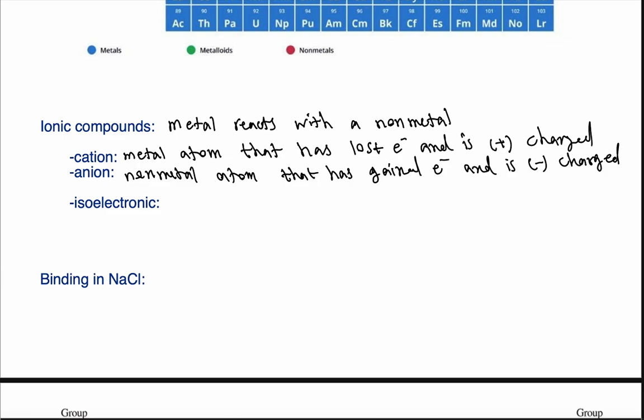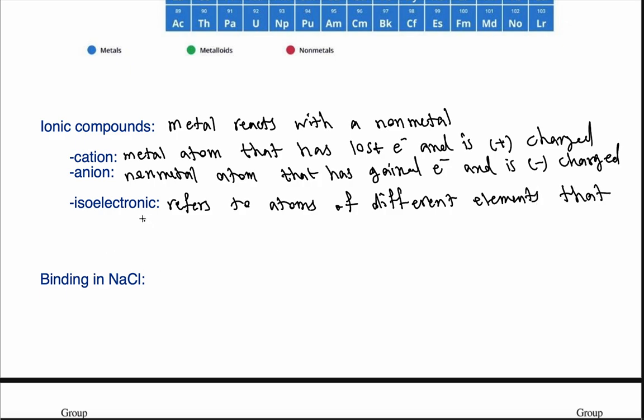Isoelectronic. Isoelectronic means the same number of electrons, and it basically refers to atoms of different elements that have the same number of electrons.